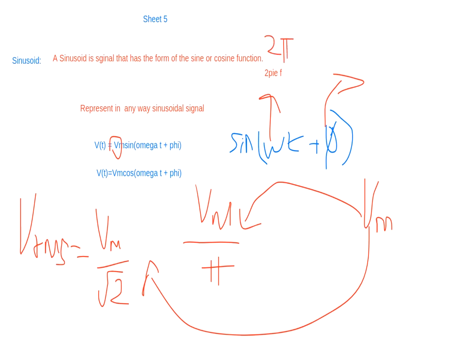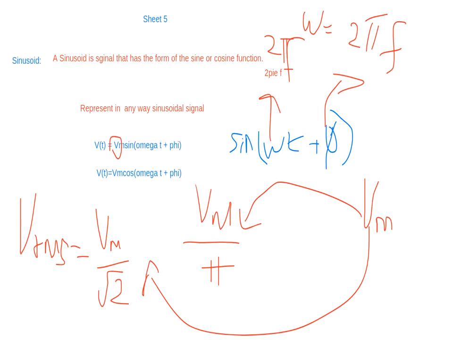Sorry, I don't write properly because I have to write this with a mouse. 2 pi f, okay. This is the formula for omega. Omega is equal to 2 pi f. What is f here? f is called frequency, and omega is called angular frequency.